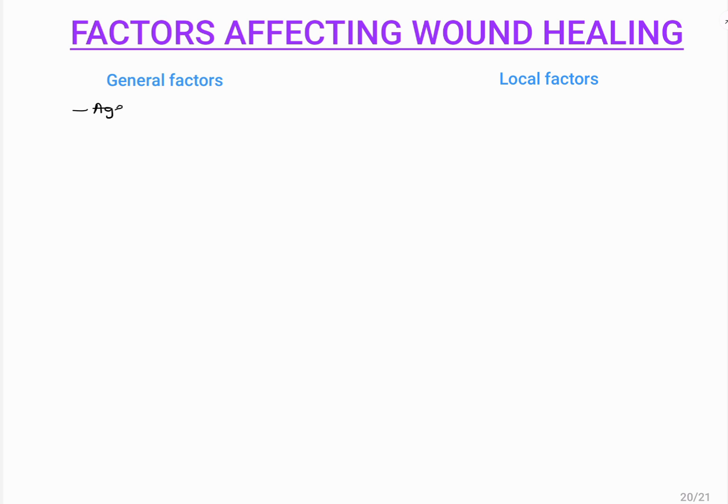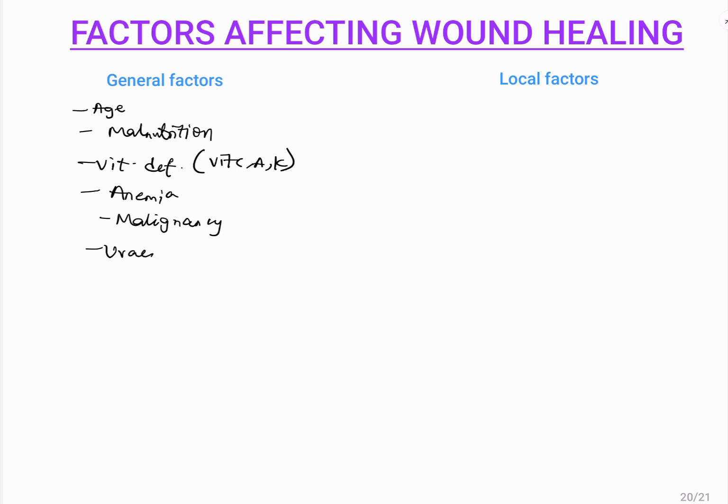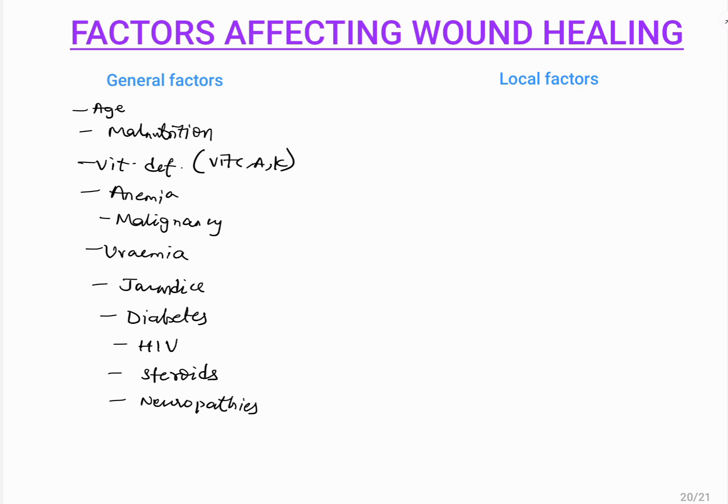The general factors are like age, malnutrition, vitamin deficiencies like vitamin C, A, K, anemia, any type of malignancies, uremia, jaundice, diabetes, HIV infection, use of steroids and other types of drugs, and finally, some kind of neuropathies. These are the general factors which affect the wound healing.